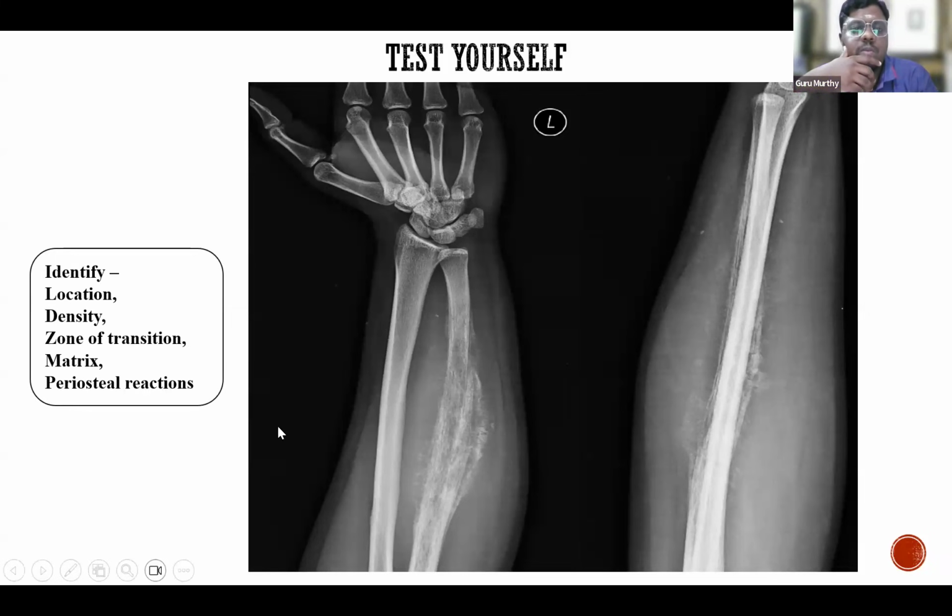There are a few points to be commented. See the radiograph. It's a frontal and lateral radiograph of the forearm with wrist of a skeletally mature patient. Comment about the location. Where exactly is the lesion longitudinally?